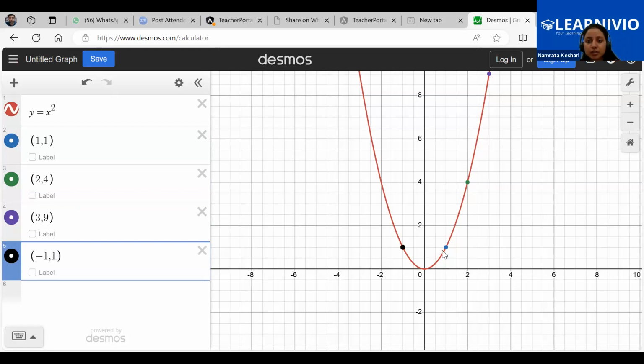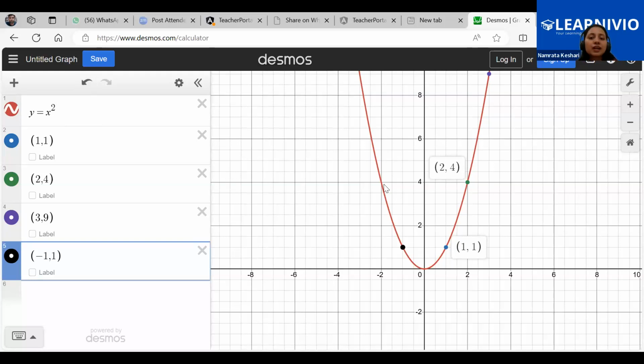Now see the points which I am locating over here. When we have taken x as 1, according to the equation, y will come out as 1 only. When we take x as 2, y will be coming... We are trying to just analyze the graph, we are trying to understand the graph.